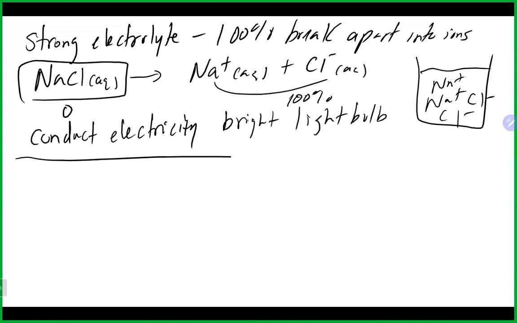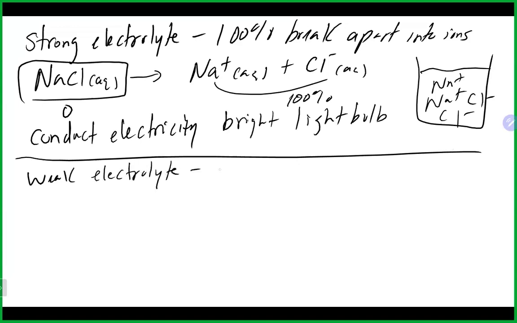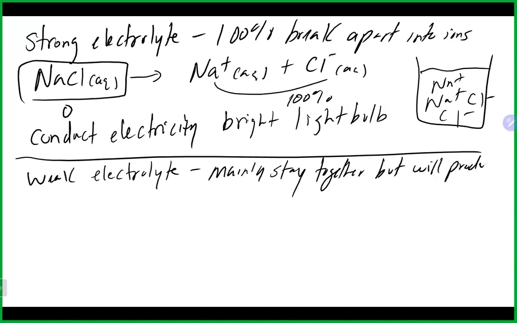Now, if you have something that's a weak electrolyte, it will mainly stay together, but will produce some ions.